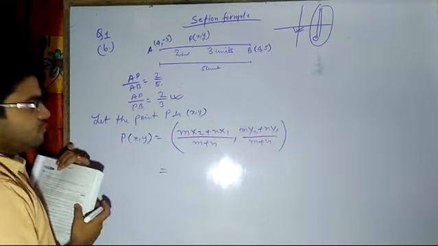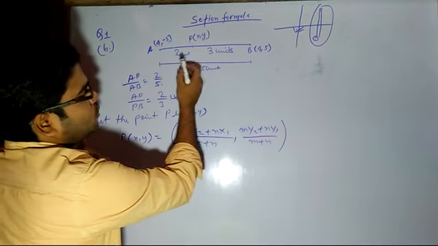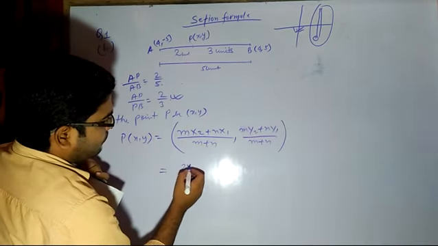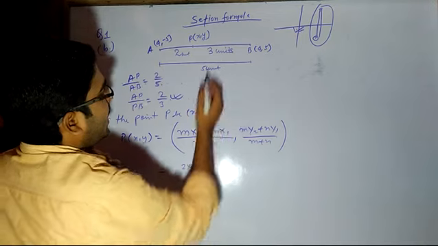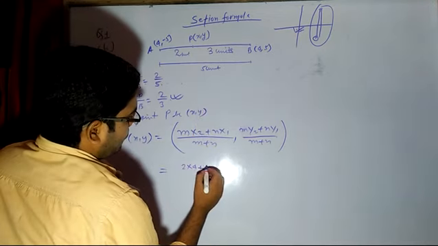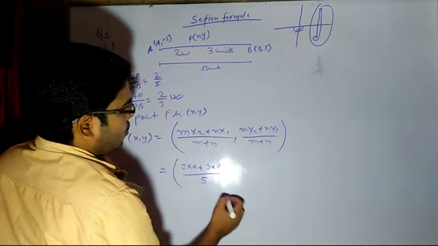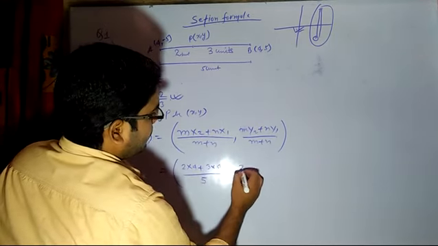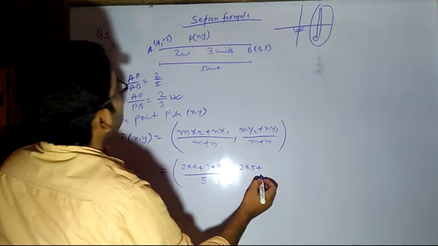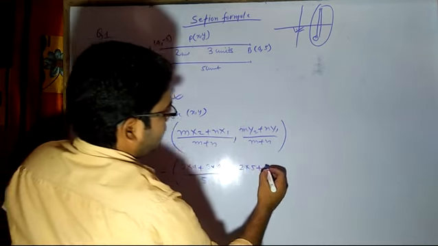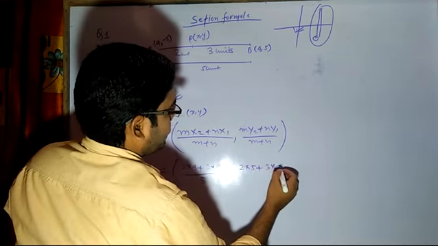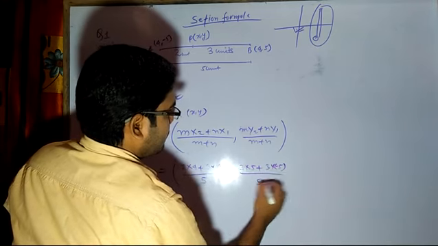Now if you write the values, here I am having m as 2, so 2 into 4 plus n is 3 into 4, by 5, comma, m is again 2 into 5 plus 3 into minus 5, by 5.